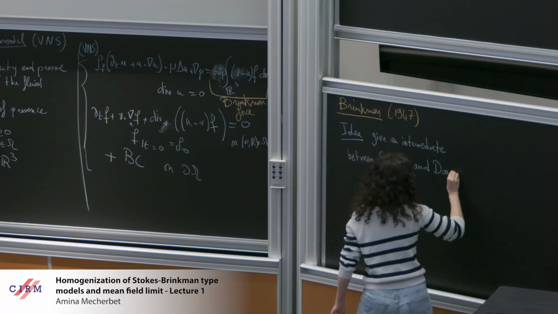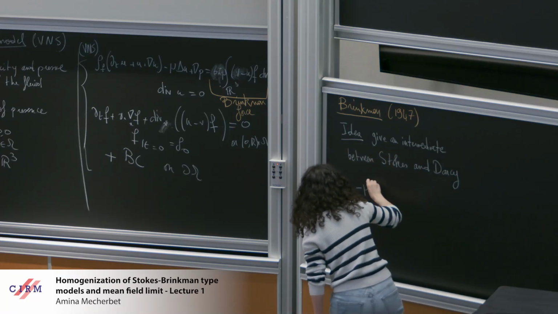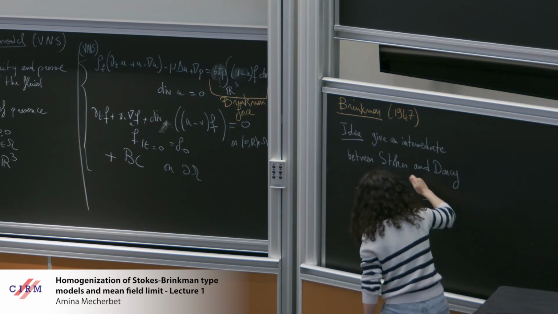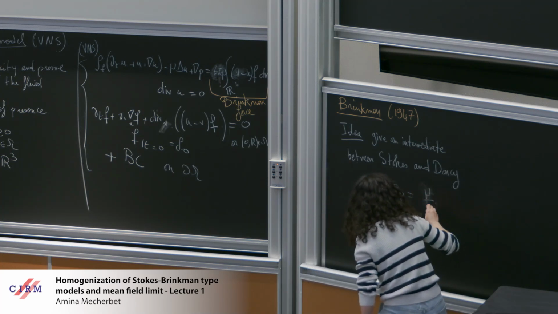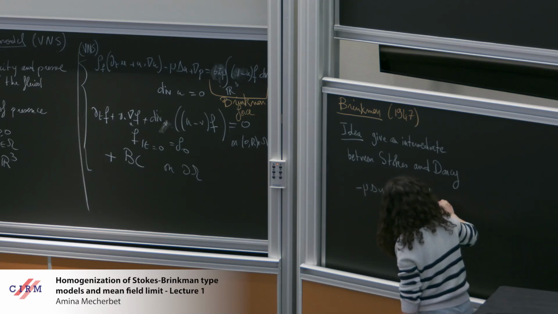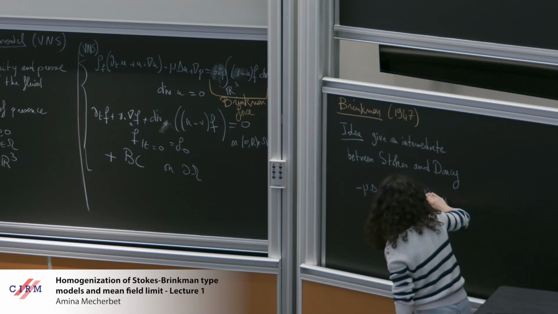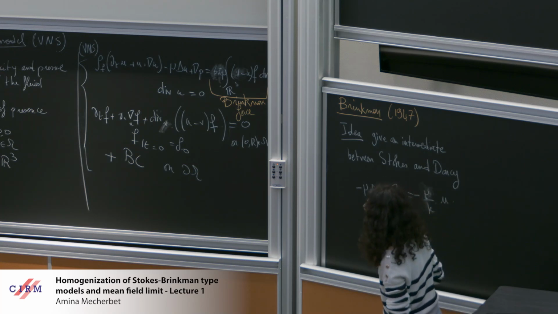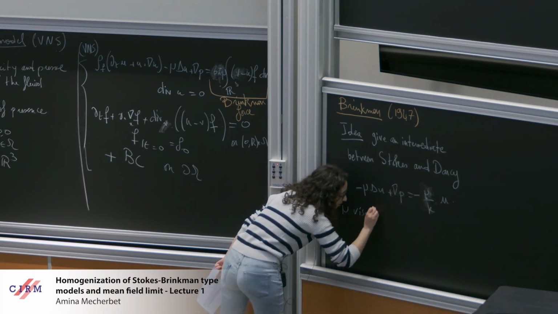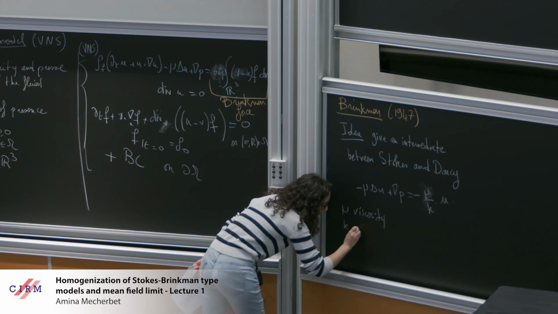And so in his paper, the idea was to introduce the following term, something which is proportional to the viscosity mu, divided by kappa, the permeability, times U. So mu is the viscosity and kappa is the permeability.